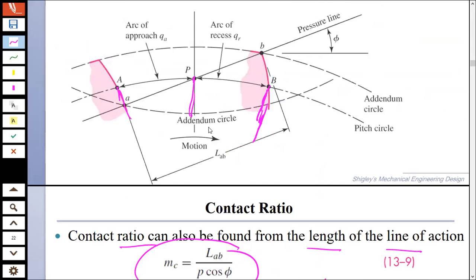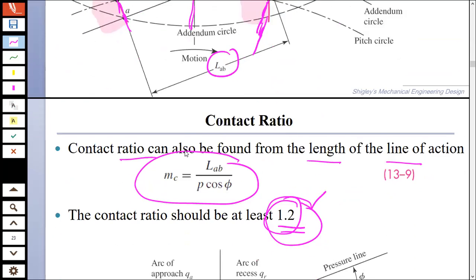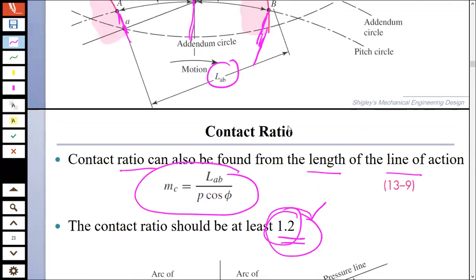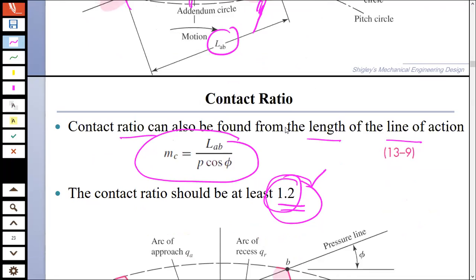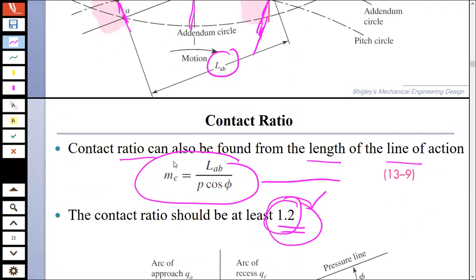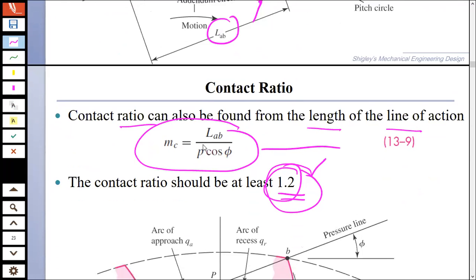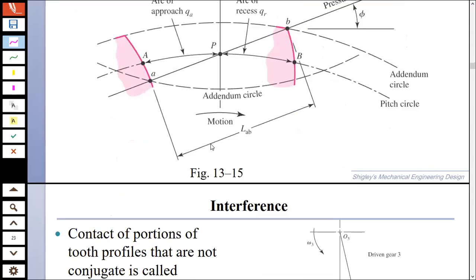If I take LAB, the length of the line of action, divided by P cos phi, that will give me the ratio. This equation 13-9 gives the ratio of the arc of action to the circular pitch.